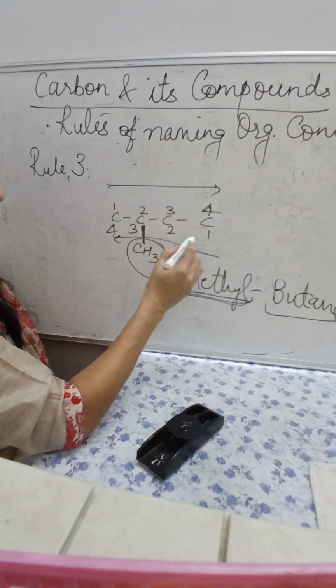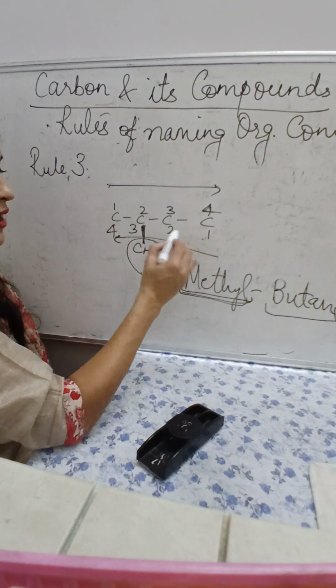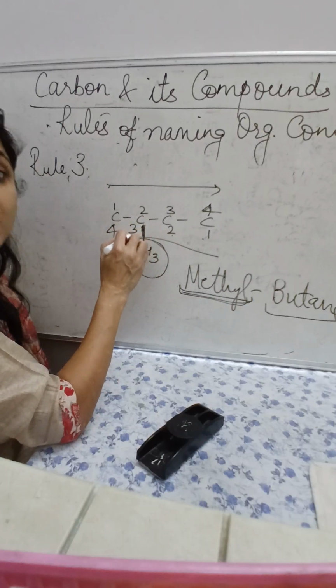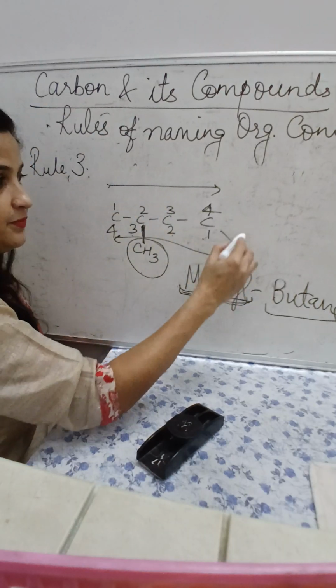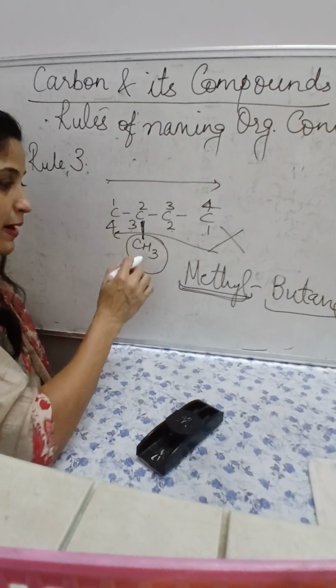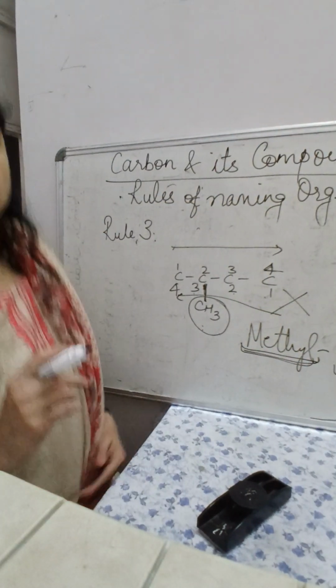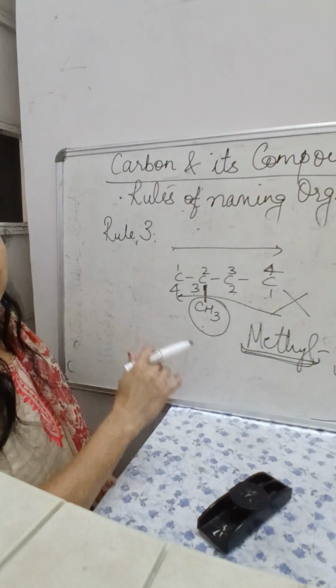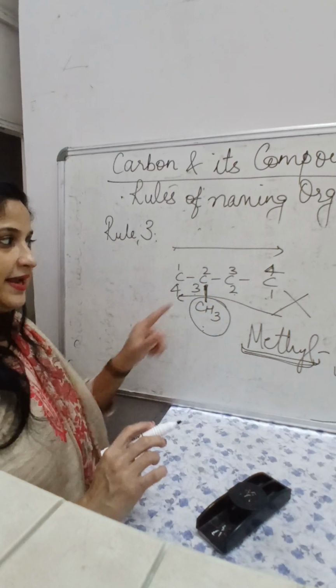For example, if I move from this direction 1 2 3, here this carbon atom is getting the third position, so this is a wrong method. If I move from left to right, my carbon atom where the branching is happening, with the methyl group, here my branching is happening on the second.